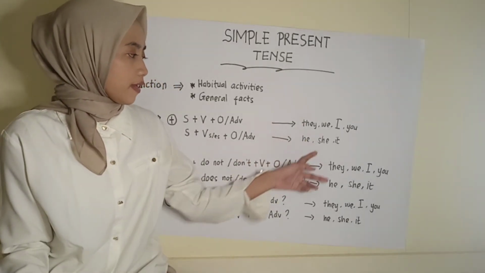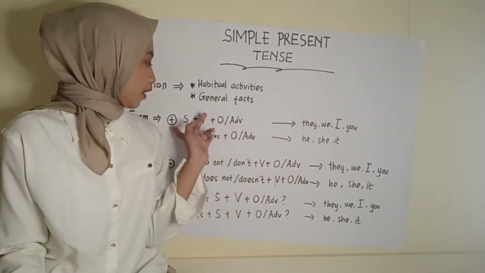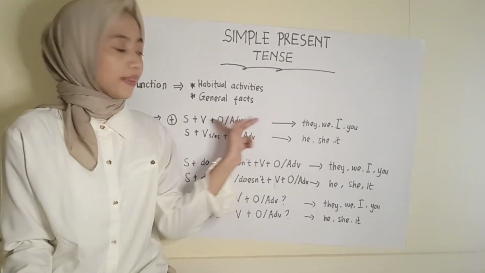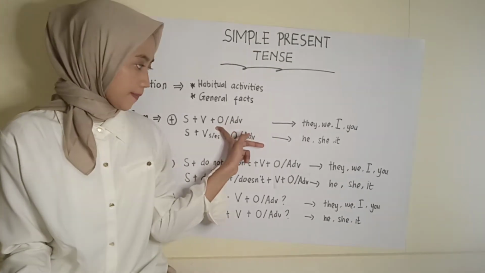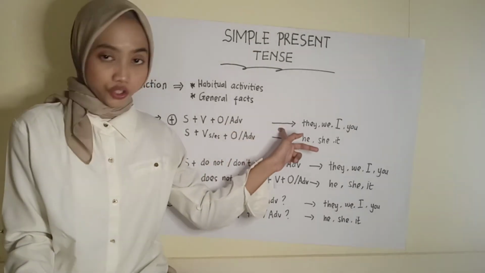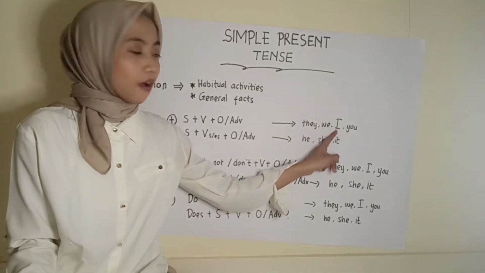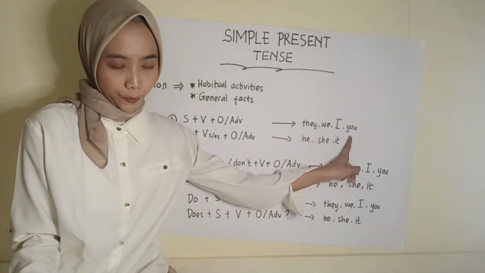And look at this. The first one, the one that doesn't use s, is used for the subjects they, we, I, and you.